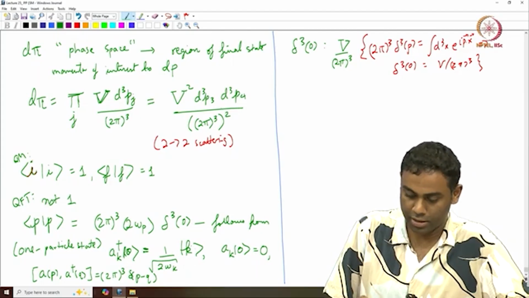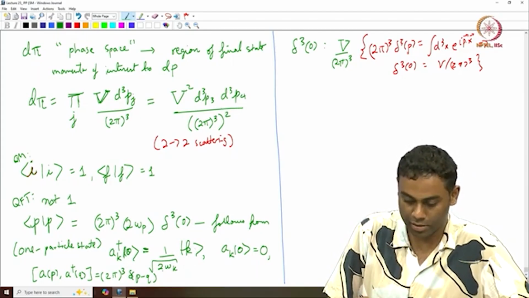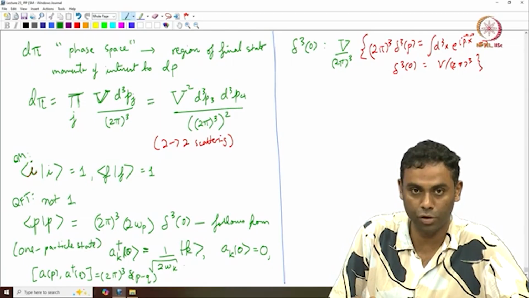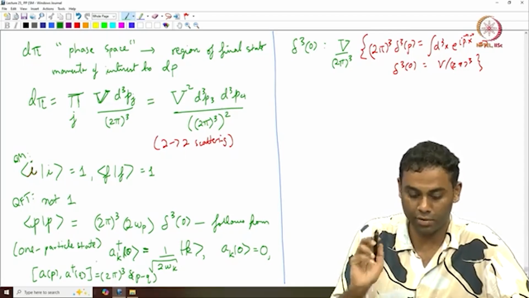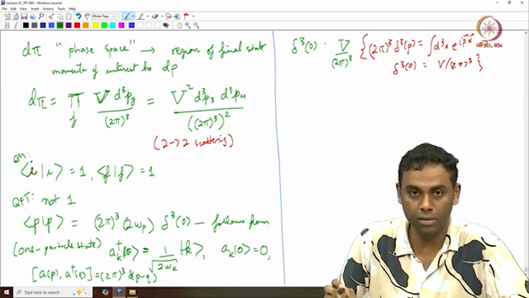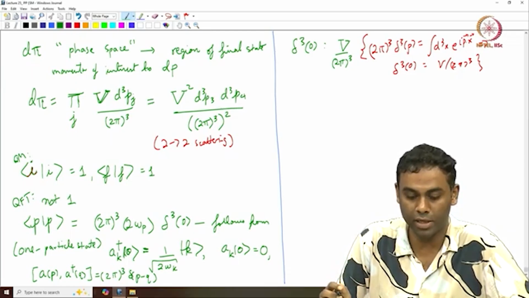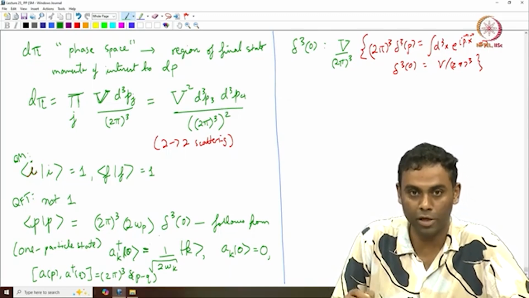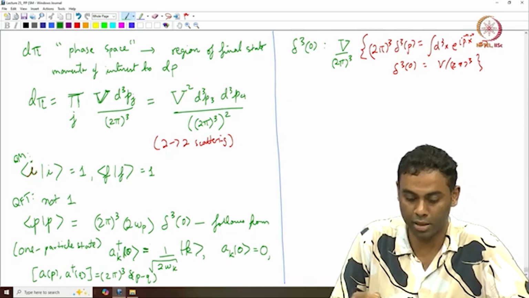That's how we get it. So basically, this k is what I just promote. I take the square root of 2 omega to the other side, and I have an expression for the p state, right? And then I do the sandwiching. I'm going to get basically the square of that square root of 2 omega. That's what I'm getting here.